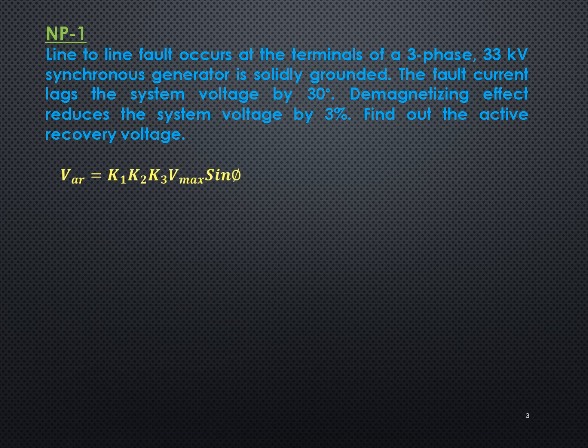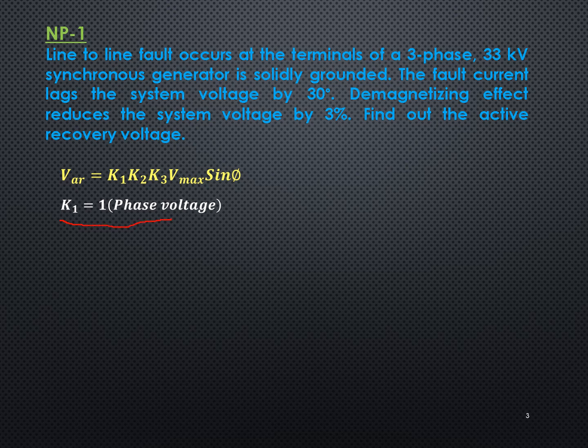First we have to recall the active recovery voltage formula, which is K1, K2, K3 Vmax sin phi. From this problem statement, first we have to find the values of K1, K2, K3, Vmax and phi. This active recovery voltage calculation is always on a per phase basis, so K1 is equal to 1.